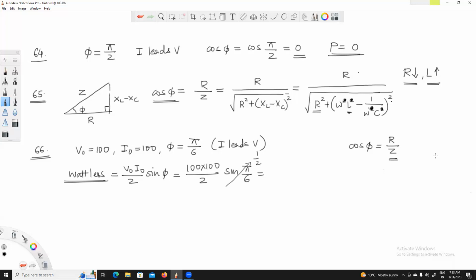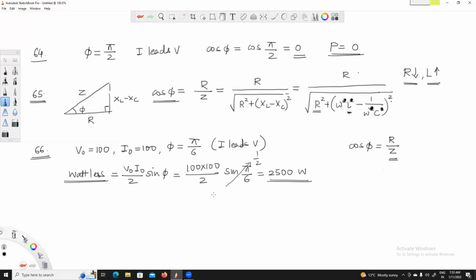And if you multiply it by this expression, you get 2500 watt. So this is my wattless power, 2500 watt. Remember, wattless is the one which remains from the total power after subtracting the power dissipated across the resistance.